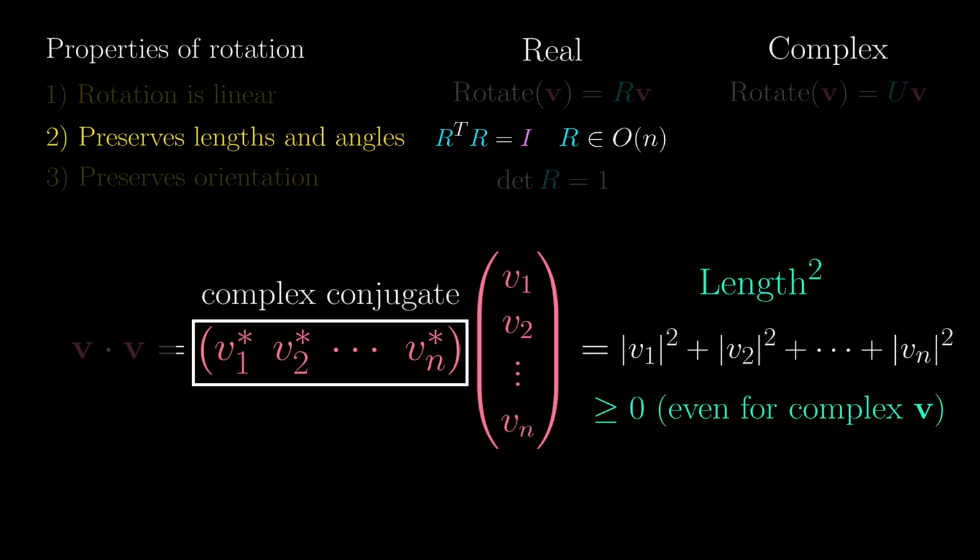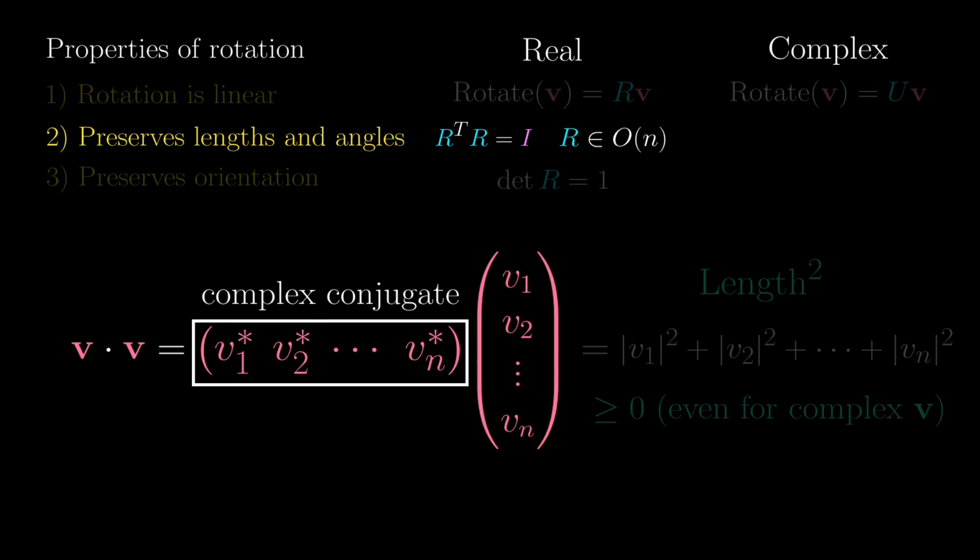So for complex vectors, the only modification is just complex conjugating the first vector. In matrix notation, we use dagger to denote a transpose in addition to complex conjugation.